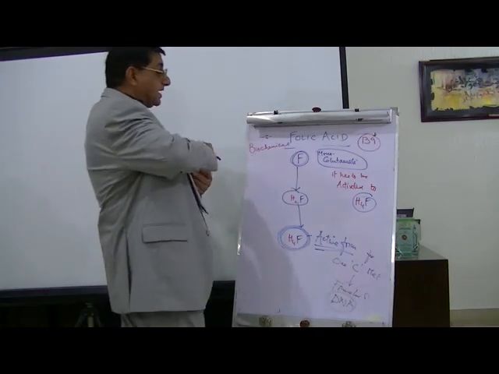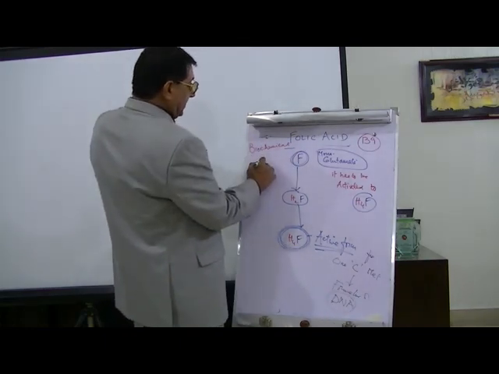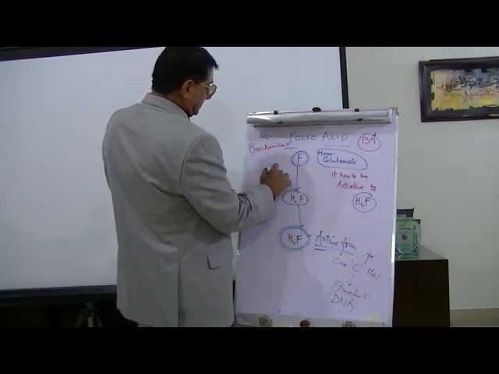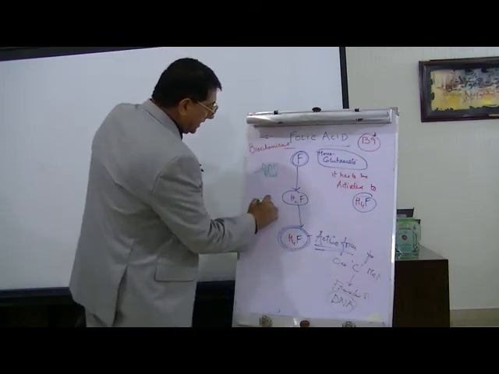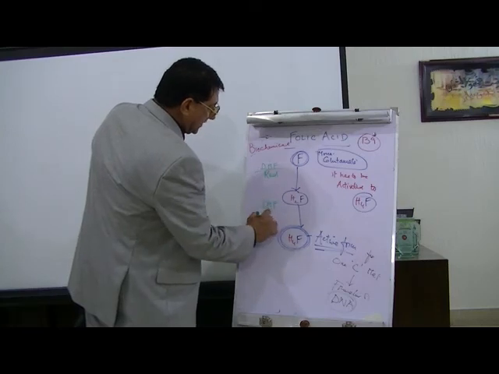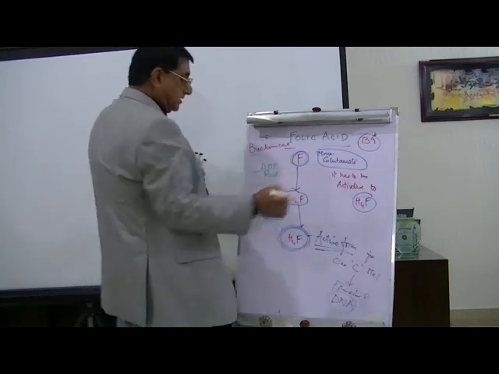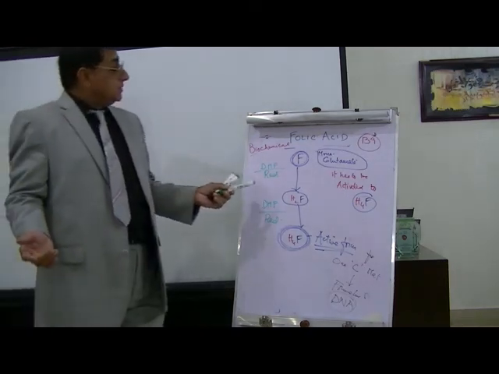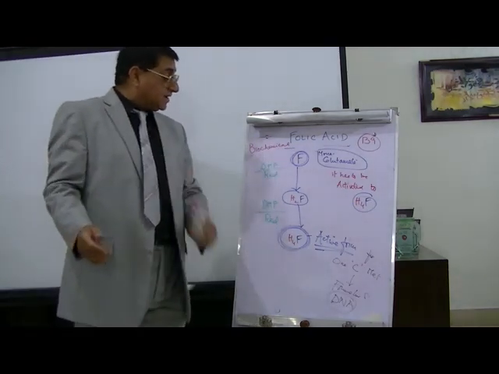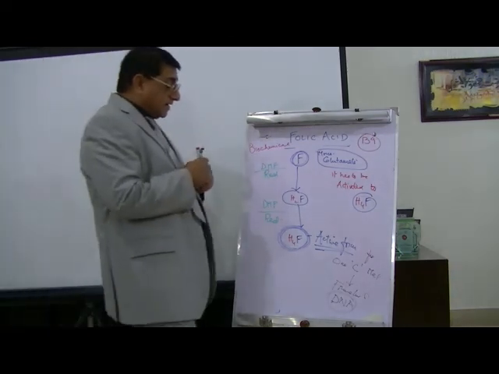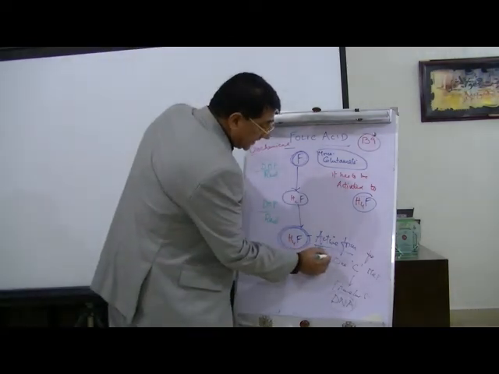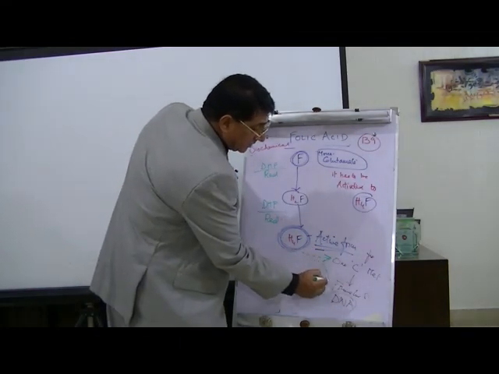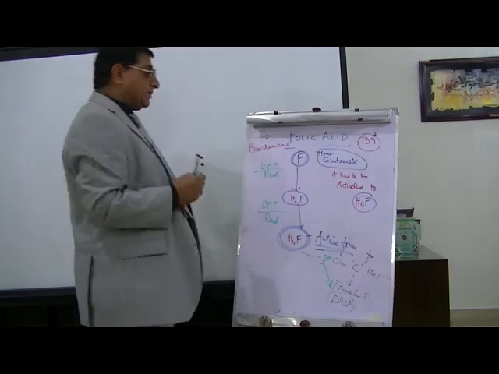And the enzyme involved is dihydrofolate reductase. This is the enzyme involved in these two steps. So folate has to be activated, and once it is activated, it will carry on this one carbon metabolism, and then it will form the DNA and everything will be alright.